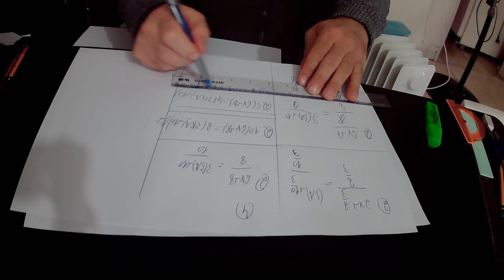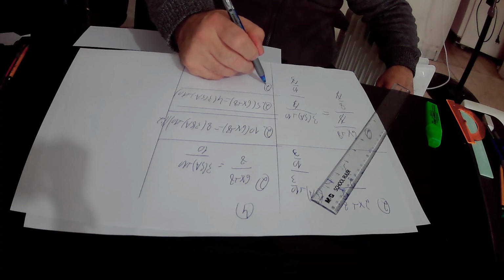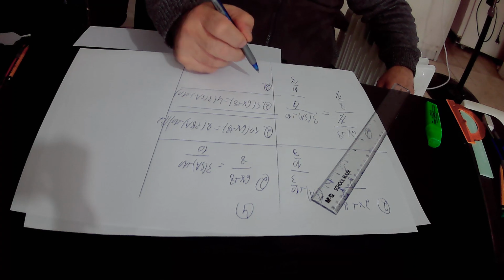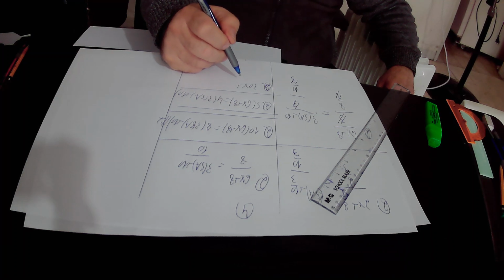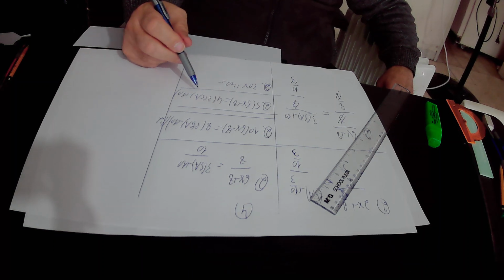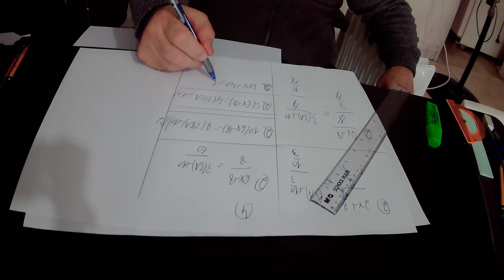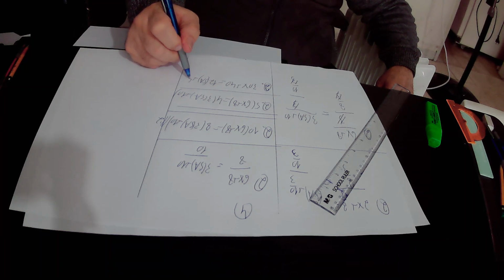Here we'll open the brackets on both sides of this equation 2, and we get that 5 times 6x is 30x, plus 5 times 8 is 40. That equals 4 times 3SA, which is 12SA, plus 4 times 10 is 40.